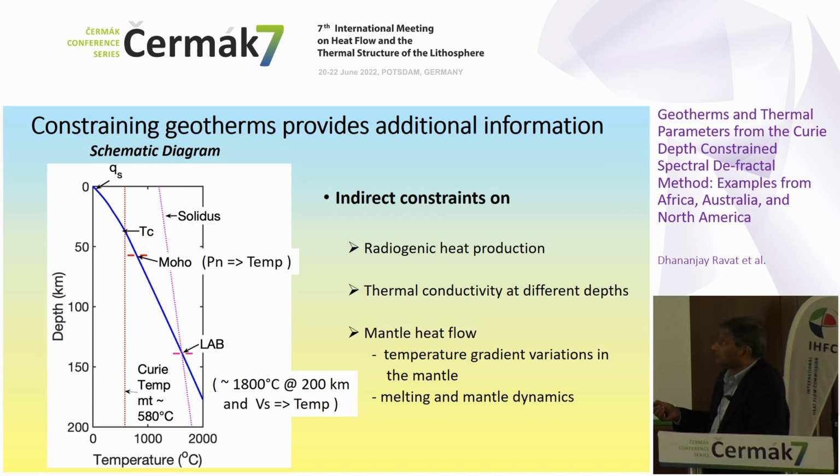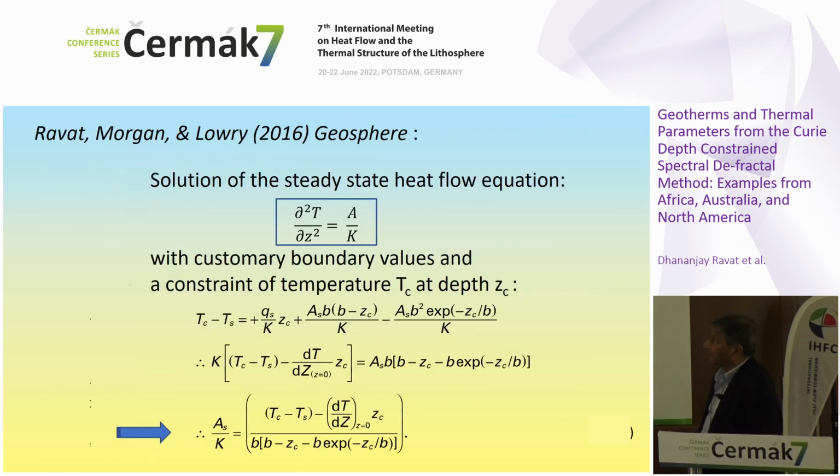In some sense, the indirect constraints you get are, for example, radiogenic heat production ranges, thermal conductivity at different depths. Having constrained the mantle part of the heat flow, one can also get temperature gradient variations in the mantle, estimates of melting, or at least conjectures of melting, and then mantle dynamics.